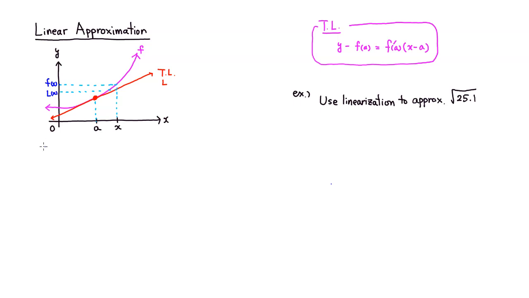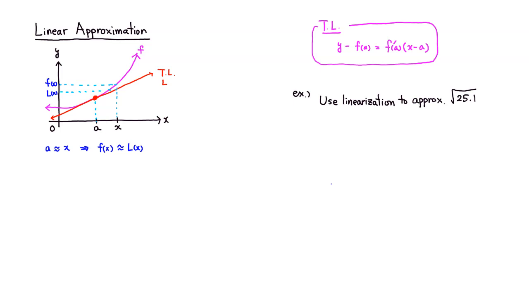If a and x are fairly close to each other, then the function value f of x and the linear approximation, or linearization, are going to be very similar. The only difference is this little gap right there. So this is the idea.